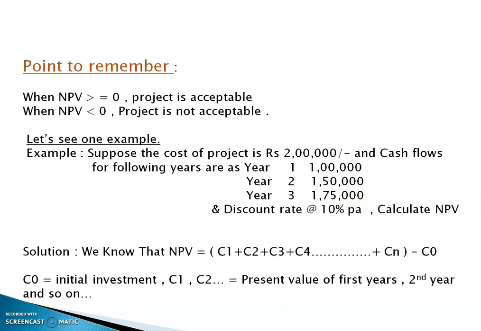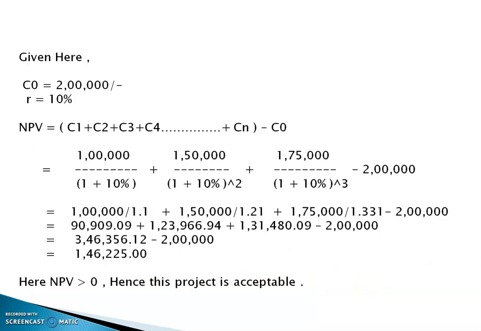It is very easy. We know NPV is equal to C1 plus C2 plus C3 up to Cn, and in the last minus C0, where C0 is the initial investment and C1, C2 represent the present value of the first year, second year and so on respectively.